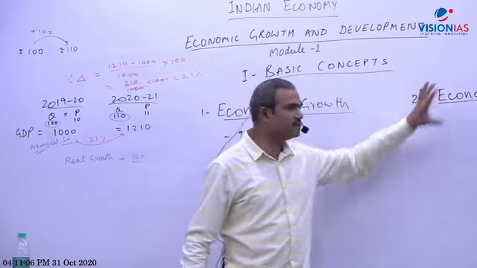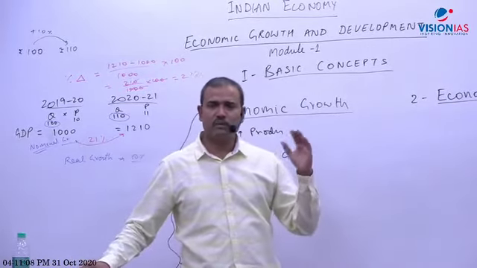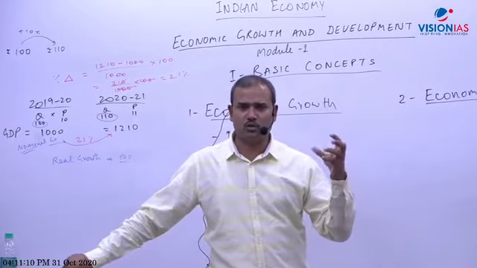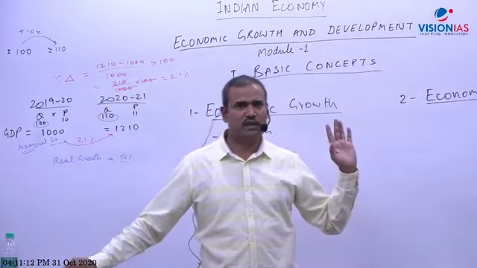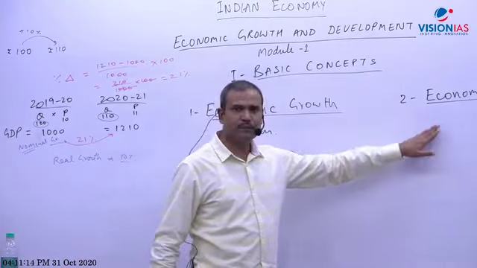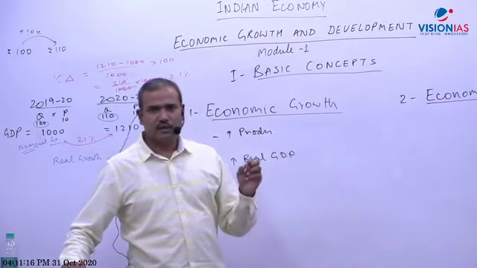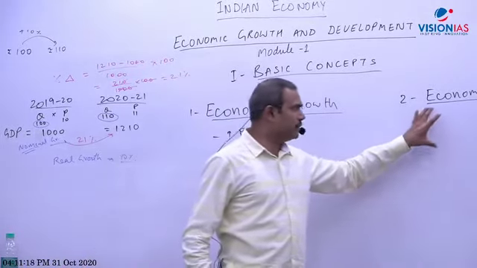Here we will consider not only production, but the socio-economic aspect also, social aspects also. I think it is very simple and clear. Write down one more definition of economic development.